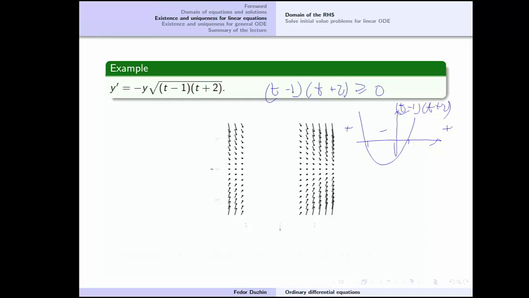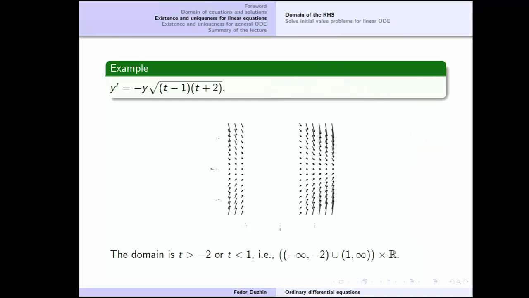Which means that for t minus 1 times t plus 2 to be non-negative, either t must be bigger than 1 or t must be smaller than negative 2. But strictly speaking, the signs should not be sharp, so it should be like this. But recall that in the beginning I mentioned that domains must be open sets, so that's why I'm changing this non-open set to an open set.